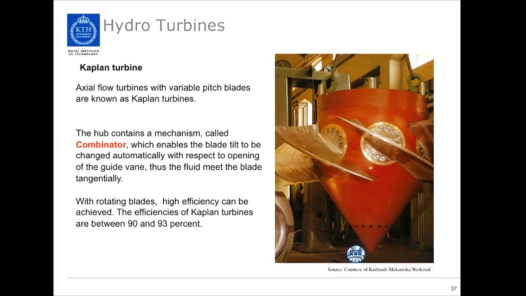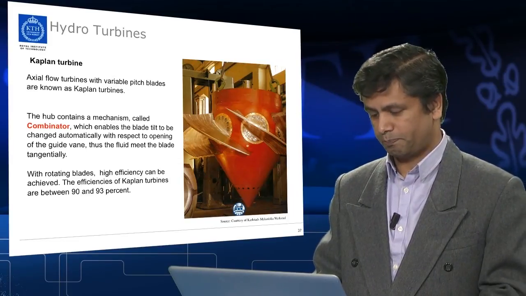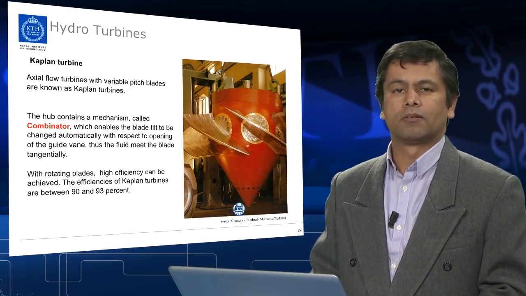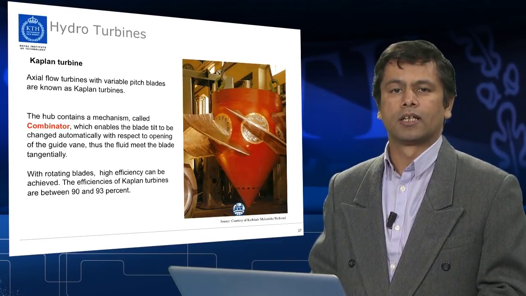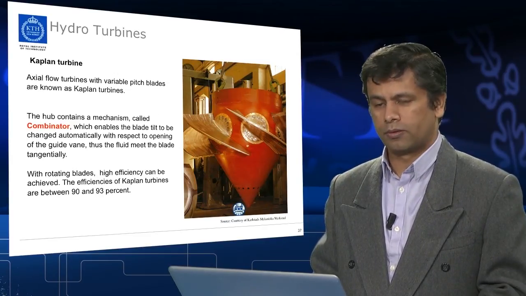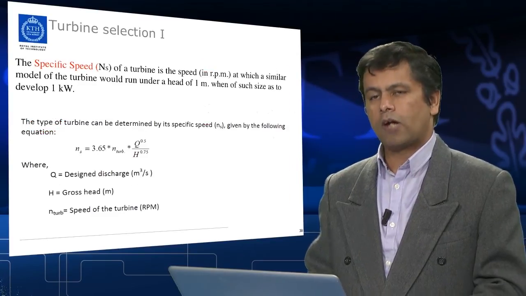With the rotating blade, it can achieve high efficiency of 90 to 93%. You can hear more about these turbines in the session on large hydropower with Mr. Babak. Now, how to select a turbine?